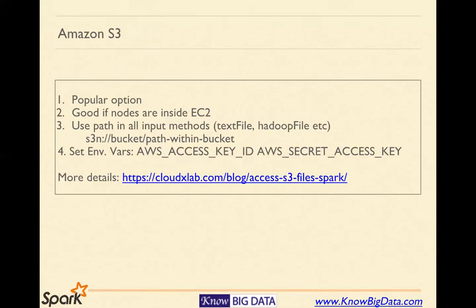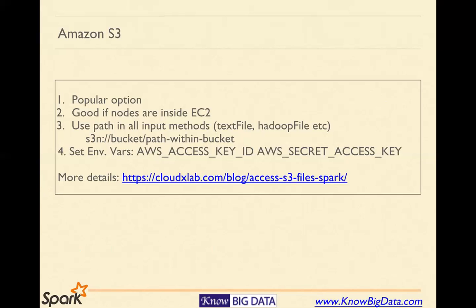Similarly, all you have to do is, while reading the data, you can simply say s3n:// and set these environment variables. This is your key ID and secret access key. This is something which S3 provides you if you upload data into S3.